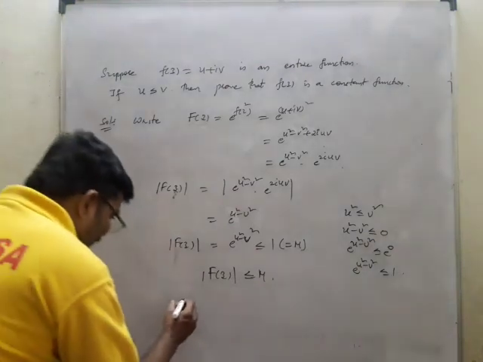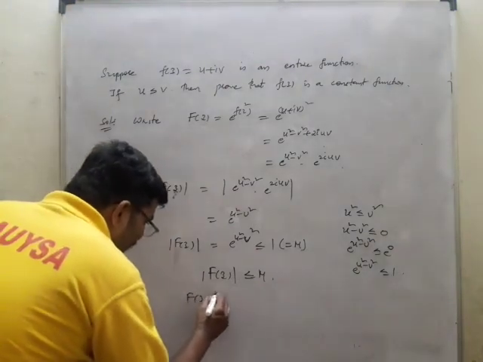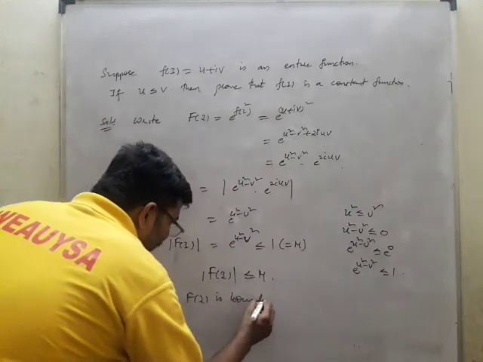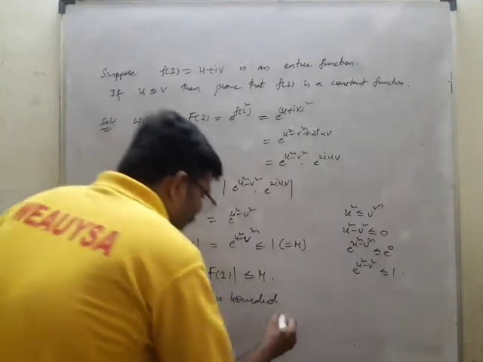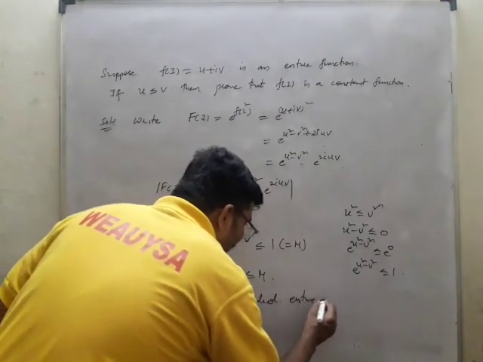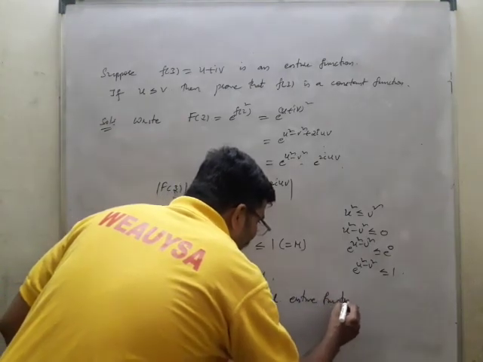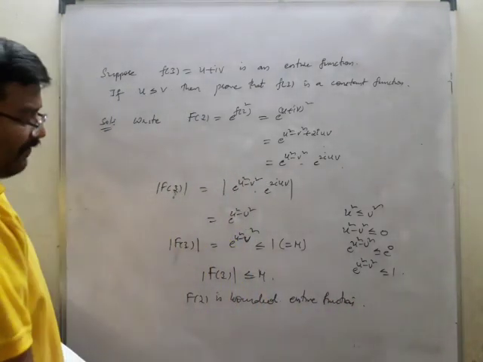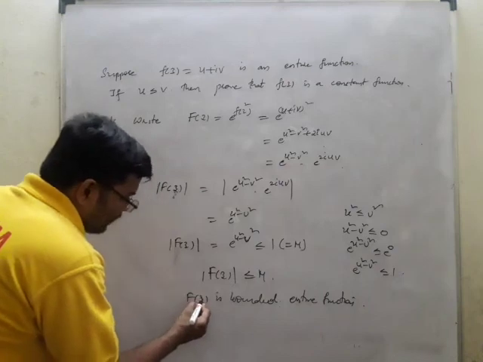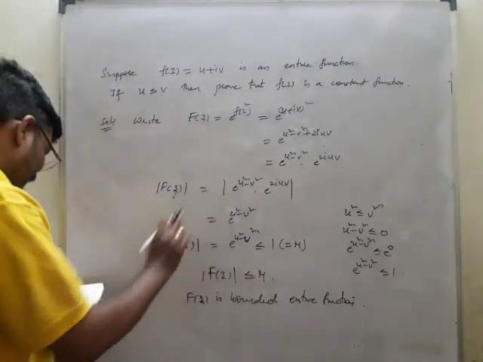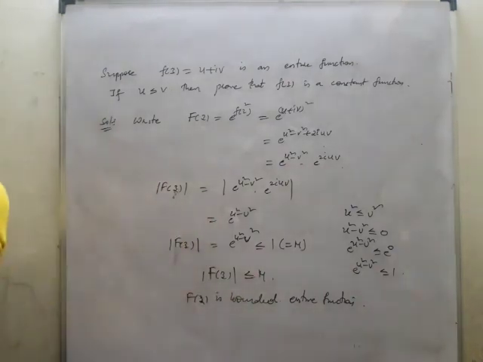So F of z is bounded. F of z is a bounded entire function, because I got the value of M as 1.